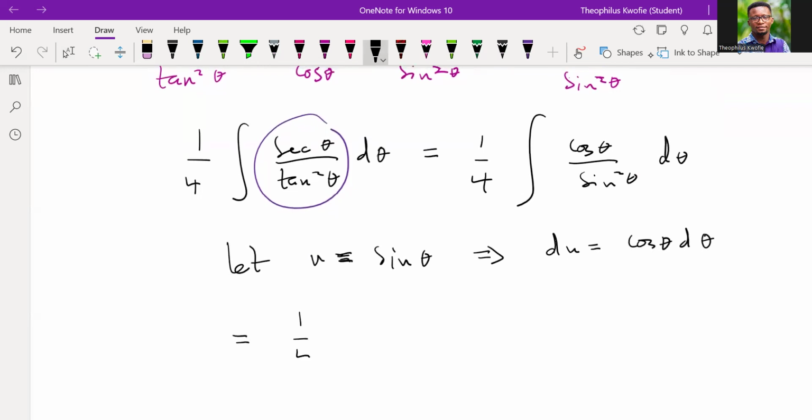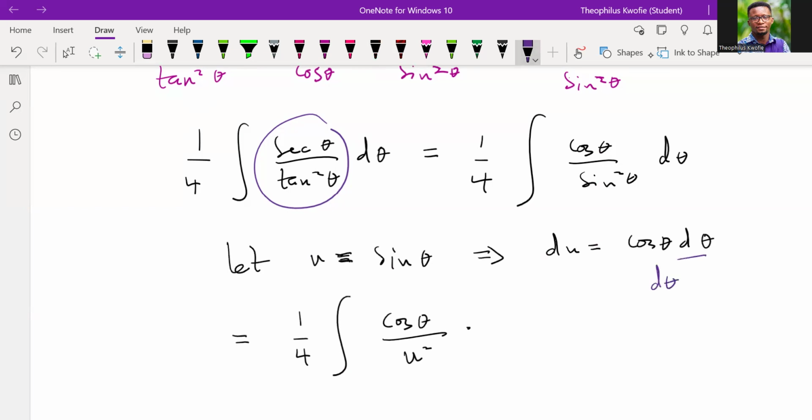So now we have something like this, and then you have this squared. Now over here, remember we need d theta here instead of du.